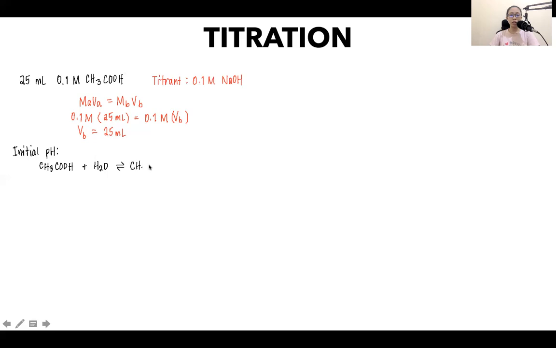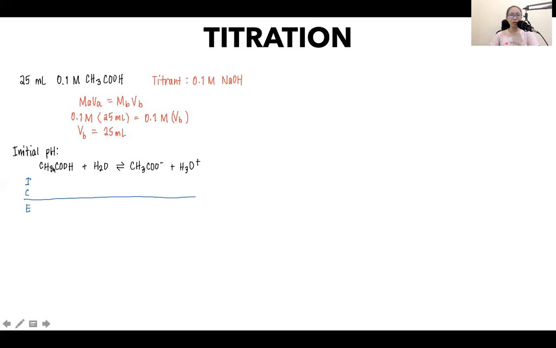The products are acetate and hydronium ion. And this is where we will use the so-called ICE table. So we have the initial, change, and equilibrium.